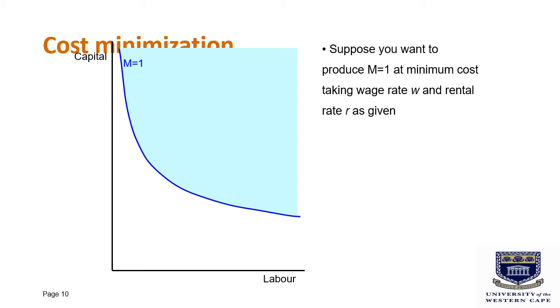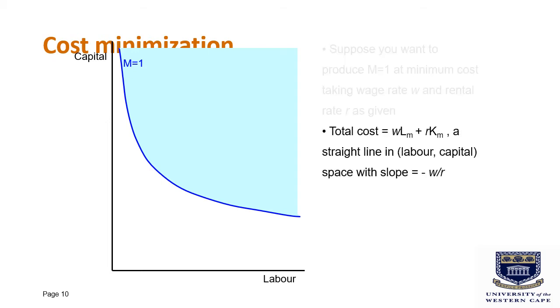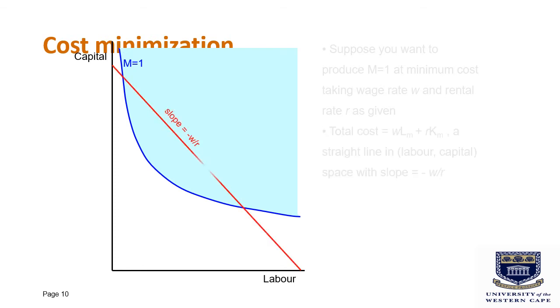Then we need to find the slope of the total cost function. The slope of the total cost function is negative W over R. How are you going to find that? You take your total cost function and write it in terms of capital. Capital needs to be made the subject of the formula. Why? Because capital is your y variable, on your y-axis.